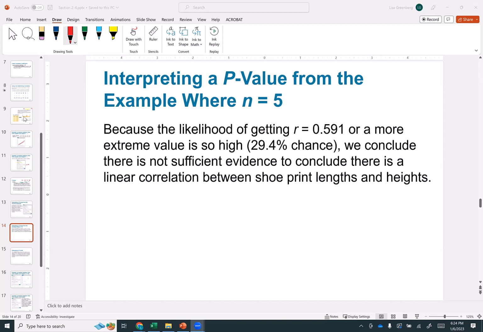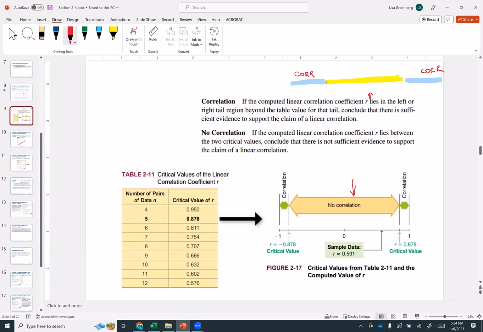If I went back to here, I had 5 pairs of data for the one that I used. So I would come here to 5. My critical values are 0.878 and negative 0.878. Let's put 0 here in the middle.